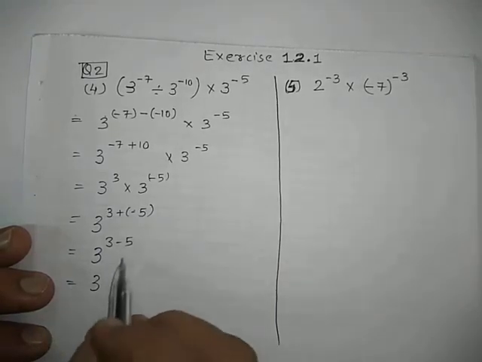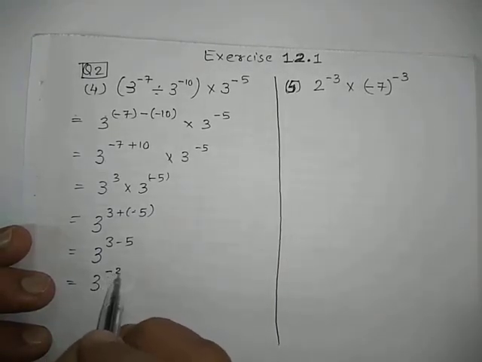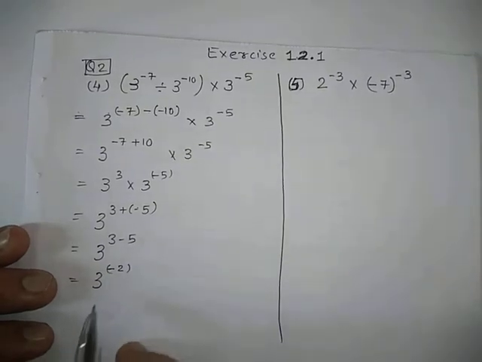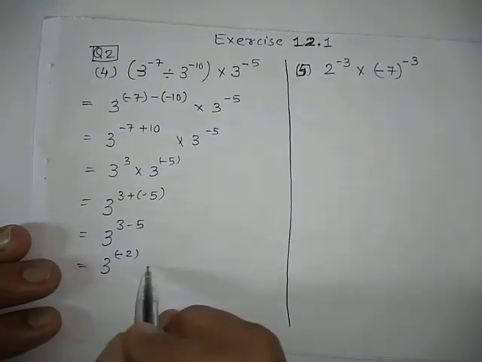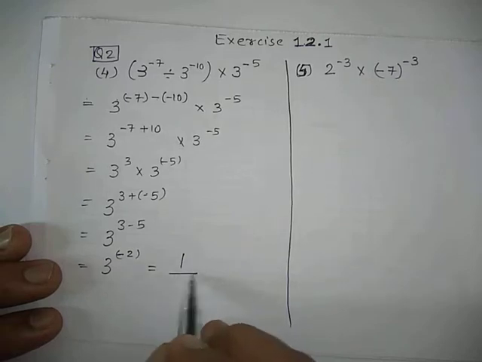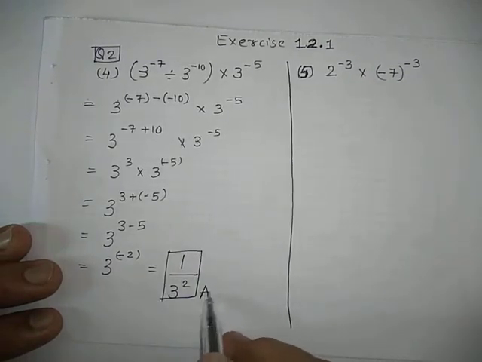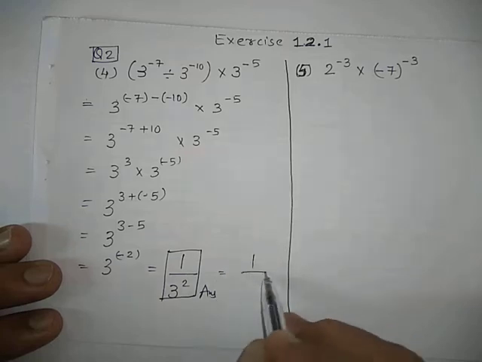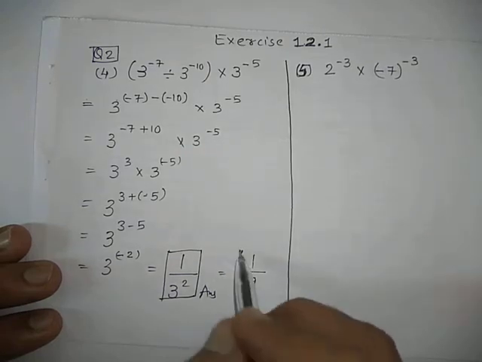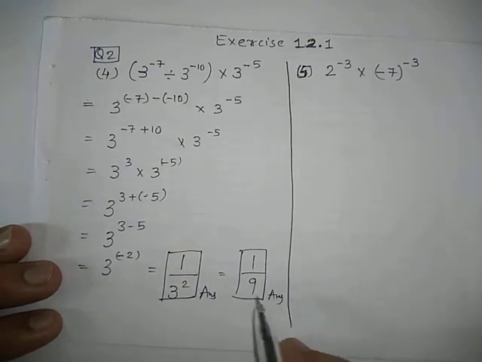So 3 to the power minus 2. Okay, so we want to make it positive. So we will make 1 upon 3 raised to 2, positive power. And if it said evaluate, then 1 upon 3 threes are 9.